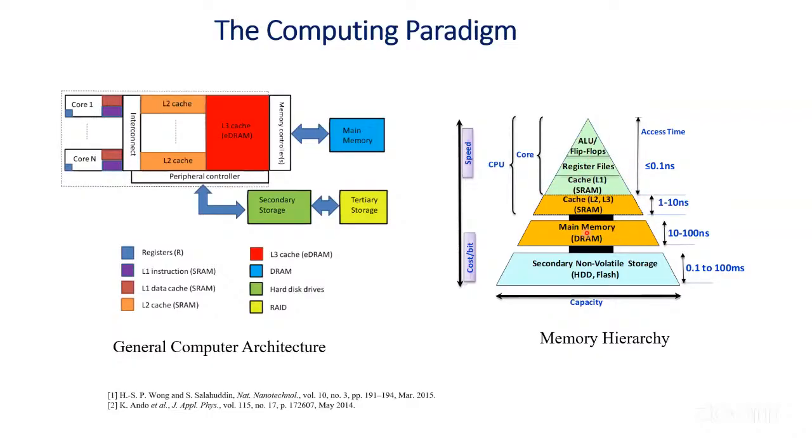DRAM, as you know, is also CMOS-based memory with one transistor and one capacitor. And secondary storage can have magnetic hard disk drives, which are non-volatile, and also flash memory, which is non-volatile. So we have both volatile and non-volatile memories in this system.